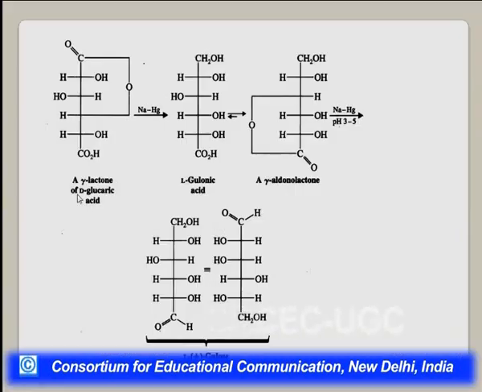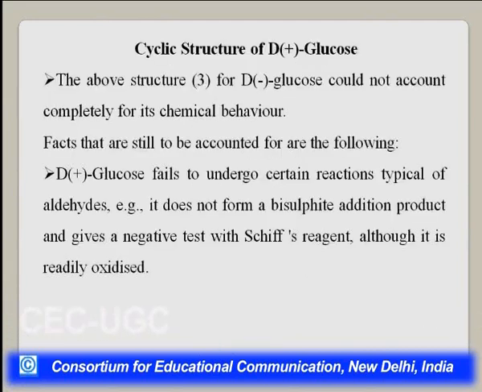Here you can see the gamma lactone of D-glucaric acid. First of all, you will get this kind of D-gluconic acid with reduction, and this is another isomer, the gamma aldolactone, and at pH 3 to 5 you will get this kind of structure. This is L-glucose, and this is the structure we have proved from the configuration of D-glucose.